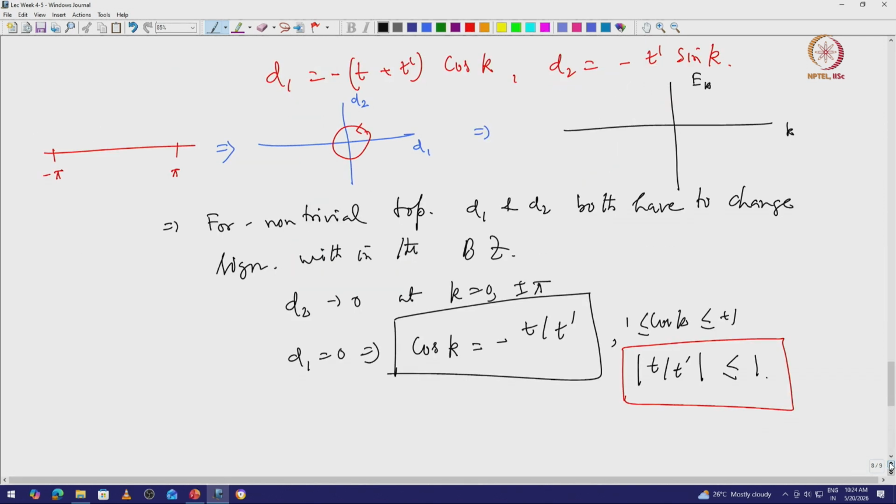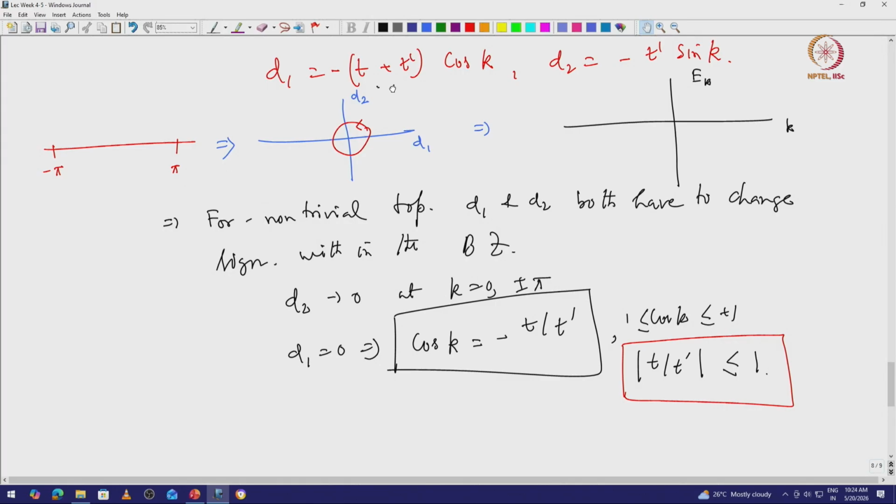So, what will happen is that when T1 equals minus T2, you will see here D1 vanishes at all values of k, right. D1 vanishes at all values of k, and D2 always vanishes at k equal to 0, pi and minus pi.